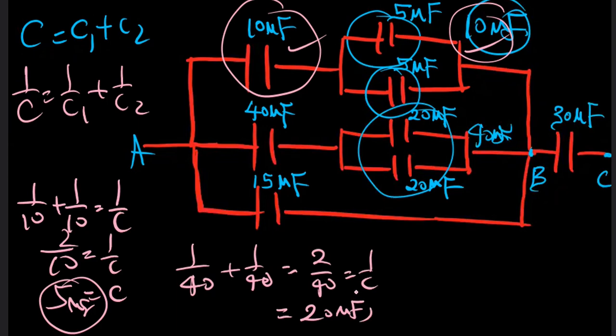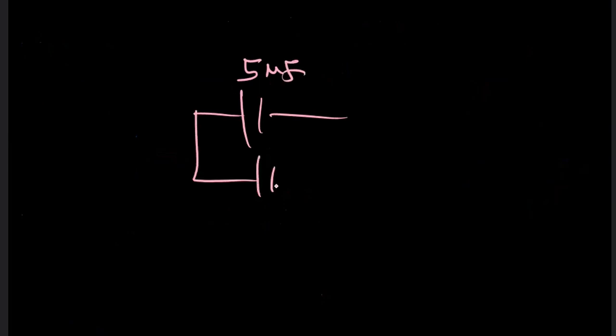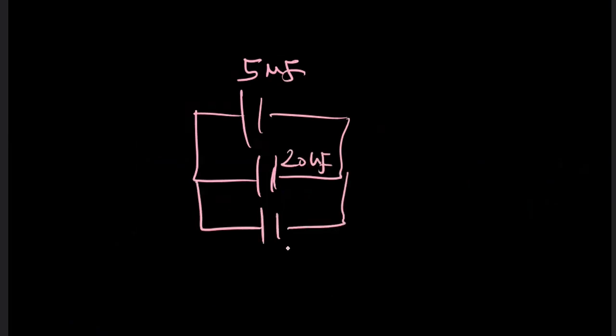So let's simplify the diagram a bit more now, into something like this. So we have 5 microfarad, and then we have 20 microfarad, and last we have 5 microfarad.